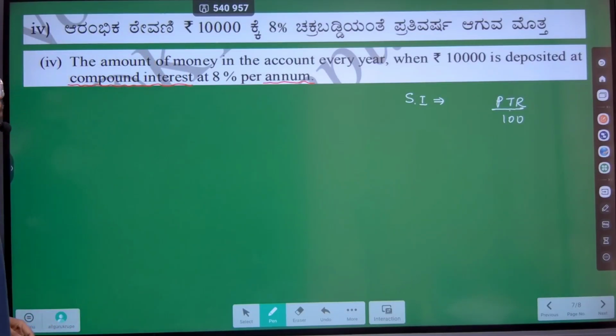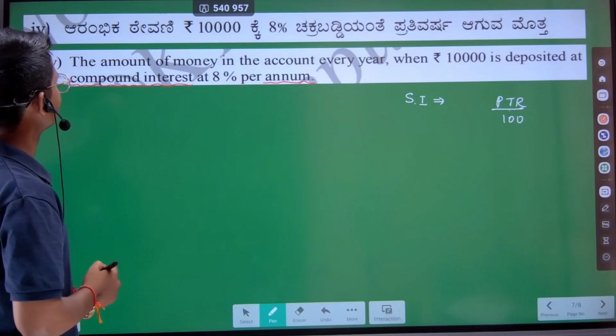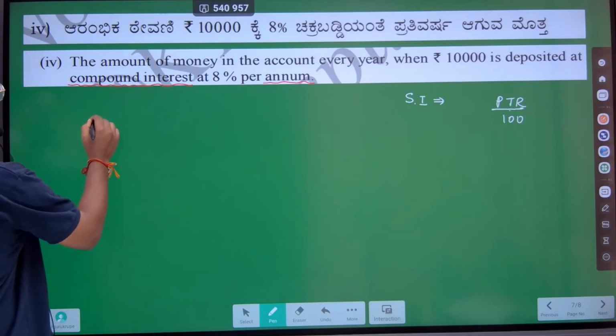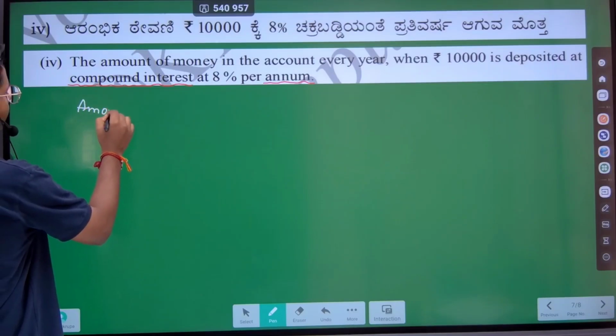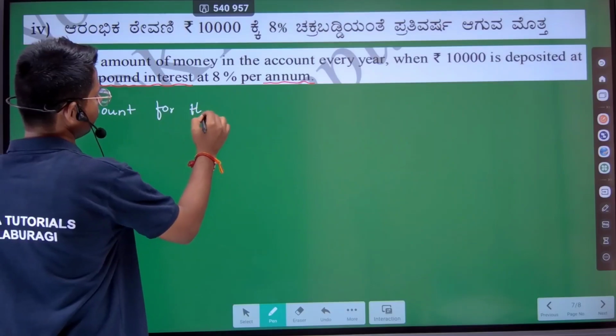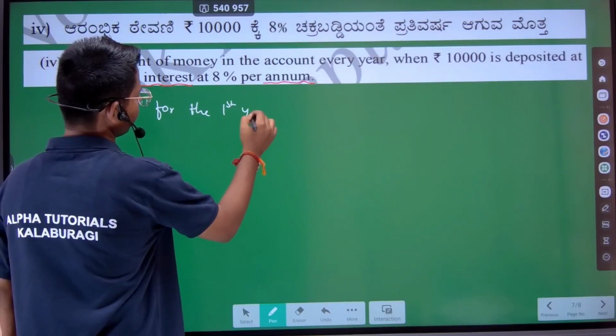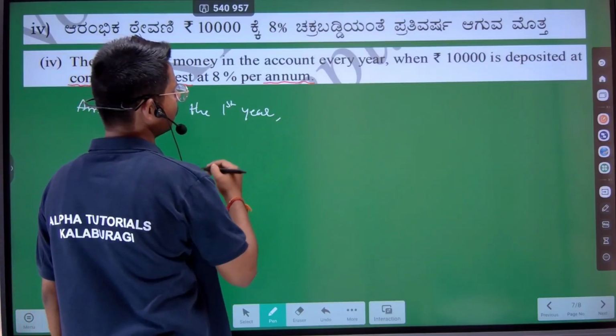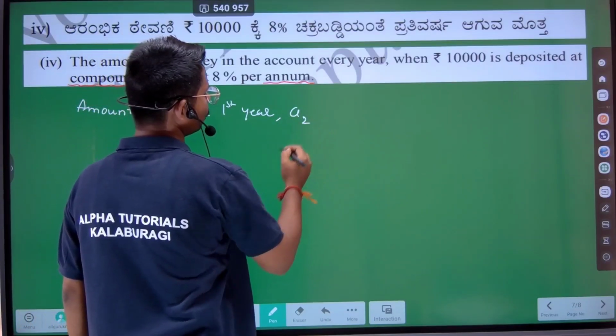Now we will first find the amount for the first year. As A1 you can take the given principal amount. Amount for the first year, meaning after the completion of the first year, is nothing but A2.